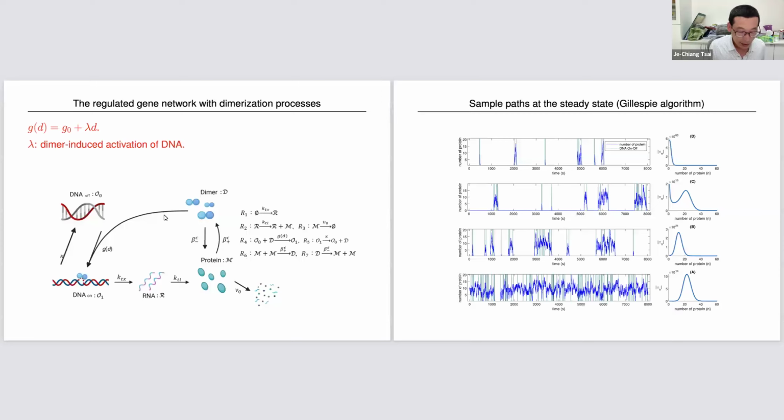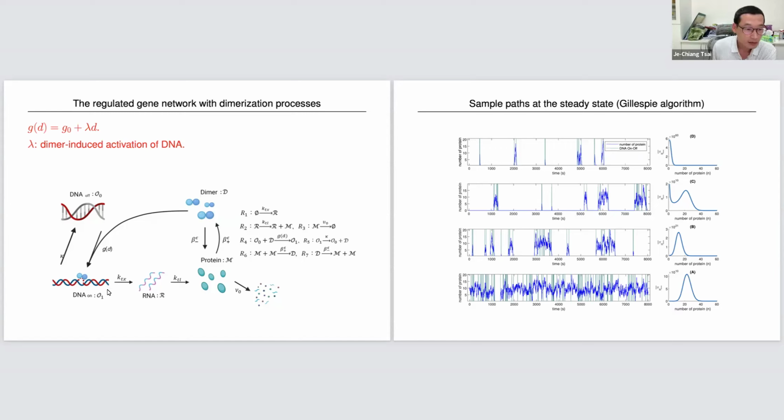This is the model I would like to study. It's a very basic building block for the gene network. So we have DNA in the off state or inactive state, and DNA in the on state or active state.